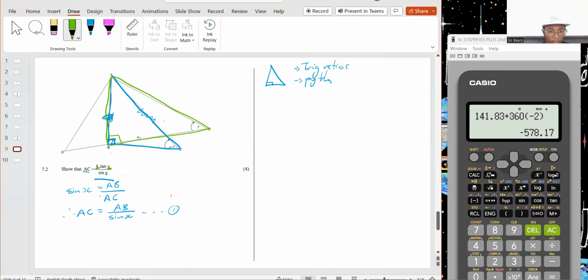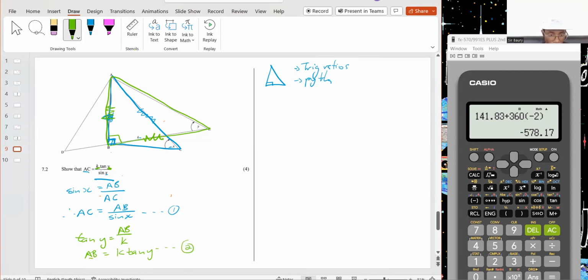So tan Y is equal to the opposite side, which is AB, over K. So AB all over K. This makes AB equal to K tan Y. This will be my second equation.